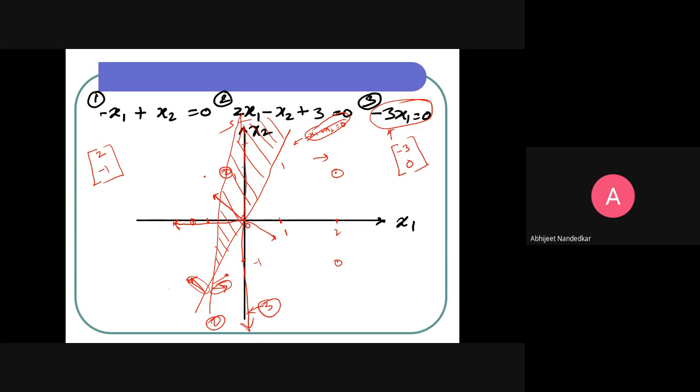And the question was where this fourth neuron will fire. That means I have to fire all 3 neurons. So the common region is this one.